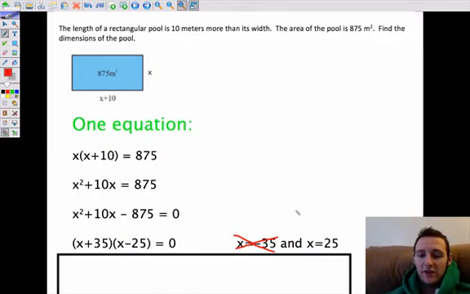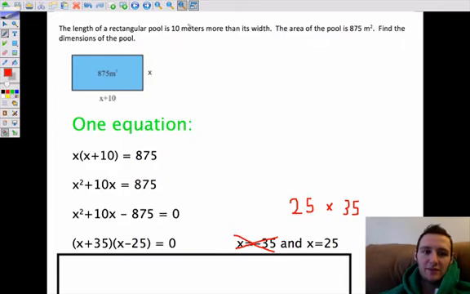So the dimensions of our pool are 25 on one side, and then x plus 10 on the other side. So it's actually going to be 25 by 35. And that's your final answer. You've totally answered the question now, and it makes sense because they have to be positive, whereas our negative 35 made no sense.